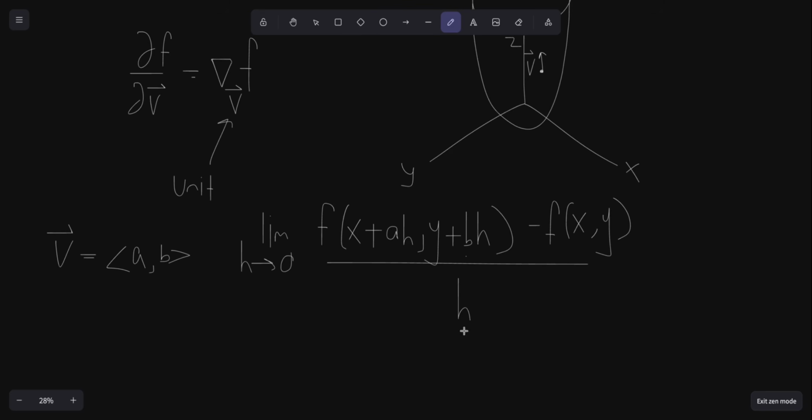And so the ratio of those changes, df dv, that's going to give us the directional derivative. Okay? So you see that these definitions of derivatives are very, very similar. It's not much different from what you see in regular old single variable calculus.